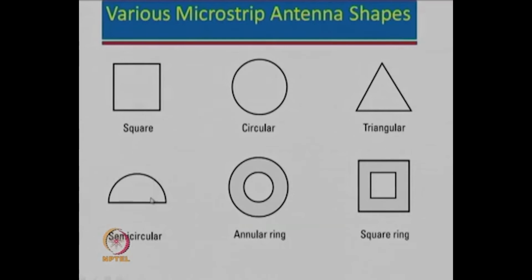Then semicircular antenna, and people have used sectoral antenna also, 30 degree, 60 degree, 120 degree, and so on. Then an annular ring can be used, or a square ring, or even a triangular ring. Besides that, there are many other configurations like the pentagon antenna, octagon, hexagon, and so on.